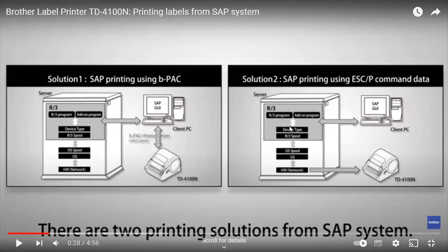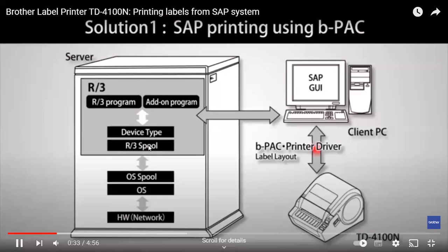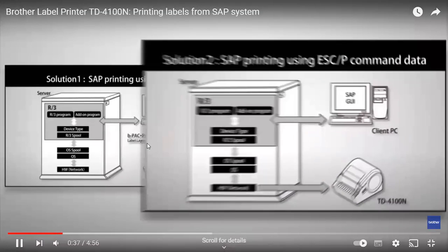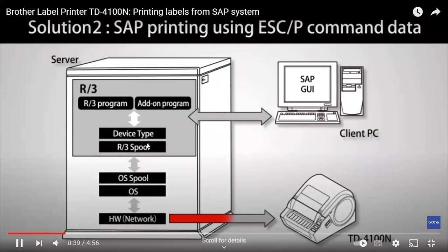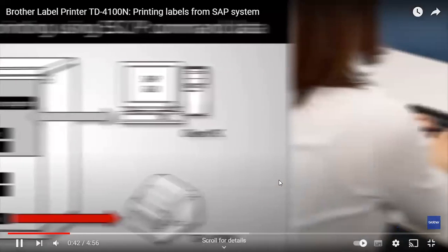Your spool will get the output from here, then the print happens. These are the two options we can use. Then the OS spooler, and through the network it comes to your printer here.